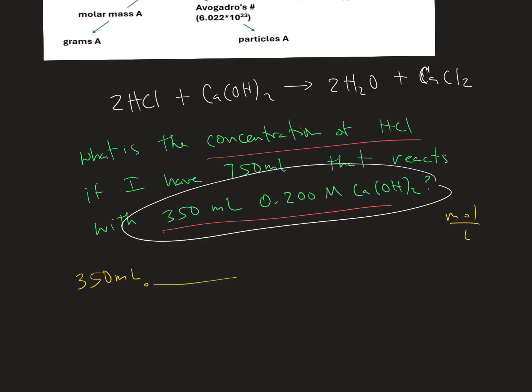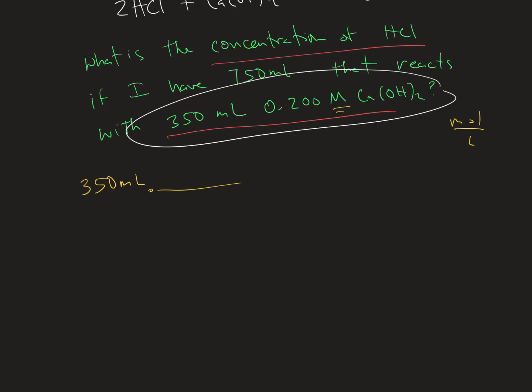So what do I have to do first? Change it to liters, because I have moles per liter right here. Let's just do that first: 1,000 milliliters to 1 liter, and we get 0.35 liters.